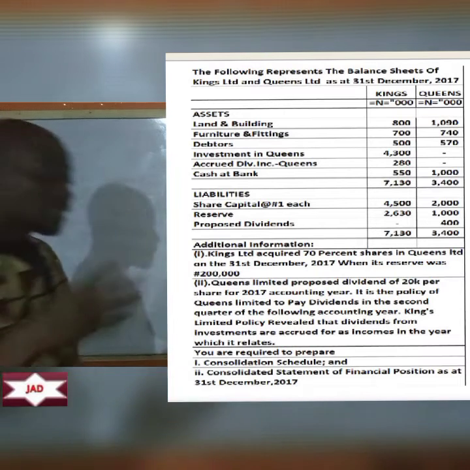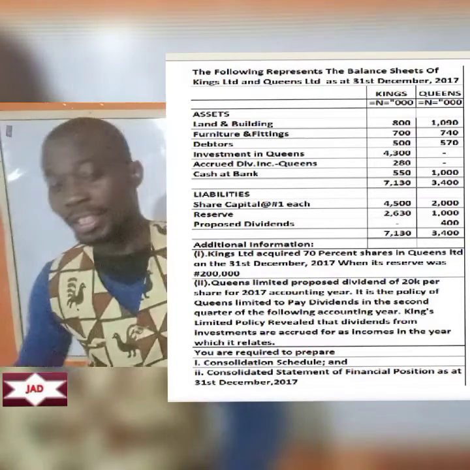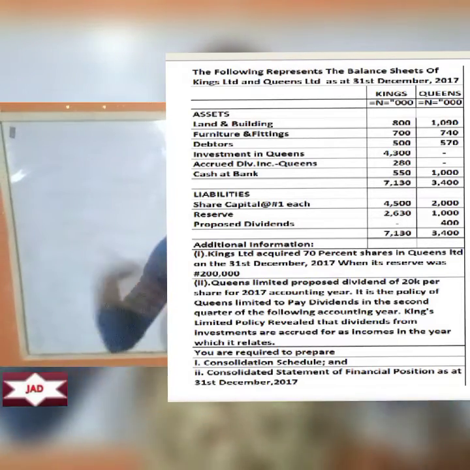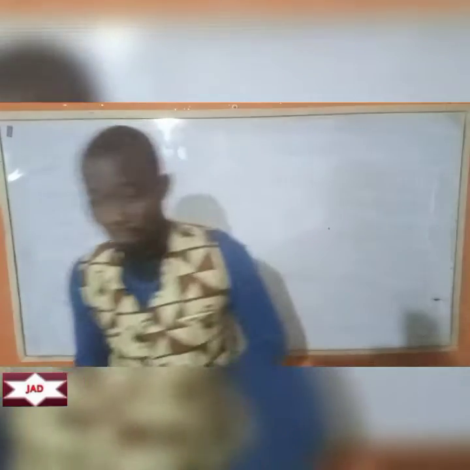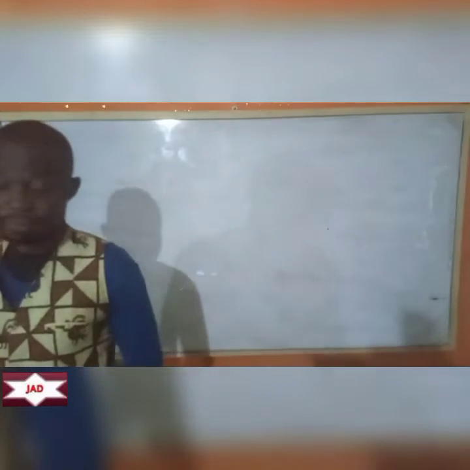That means when dividends are declared by the subsidiary, they are recognized as an income. So they must have been taken to the profit and loss. But don't forget that we have to be sure that it is post. If it is not post, then we have to take out the pre-element, right?